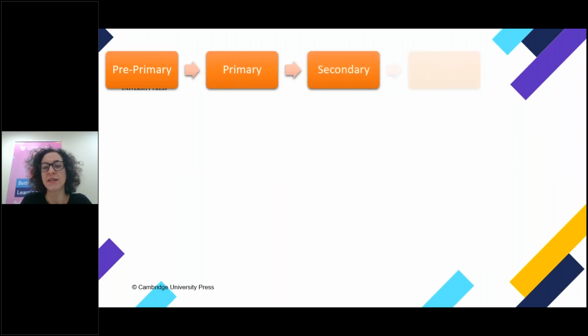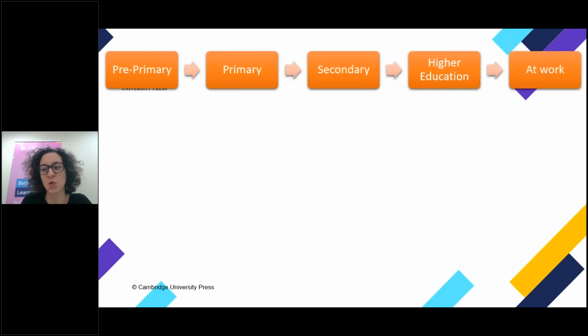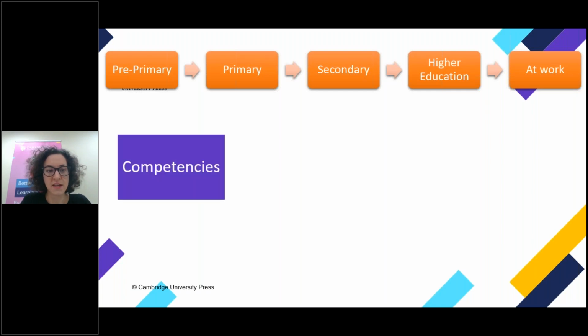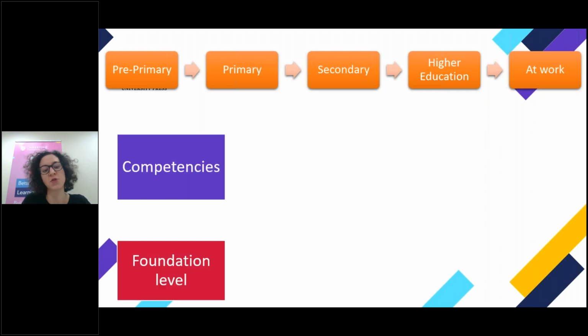And talking about stages, the stages described in the Cambridge Framework for Life Competencies are pre-primary, primary, secondary, higher education, and at-work stage. And within each stage, there are these competencies and also a foundation level described.